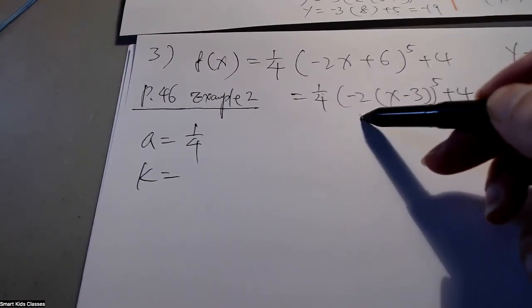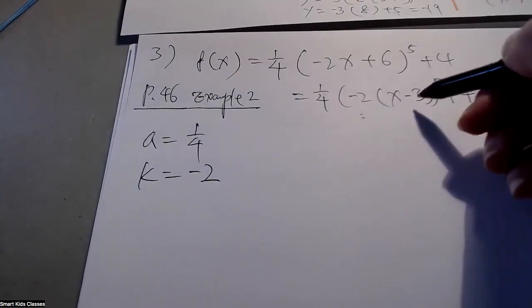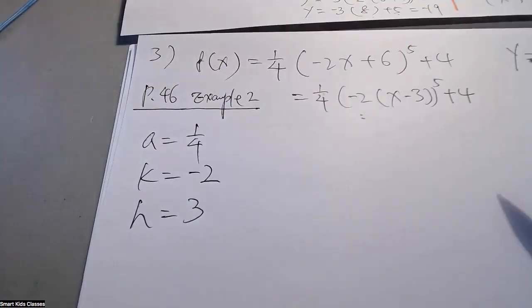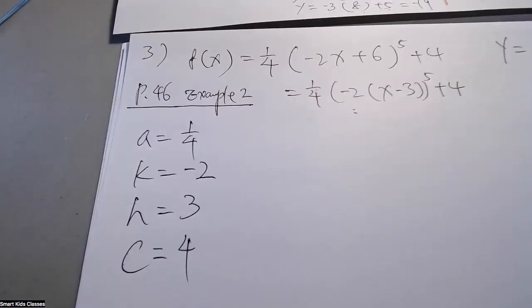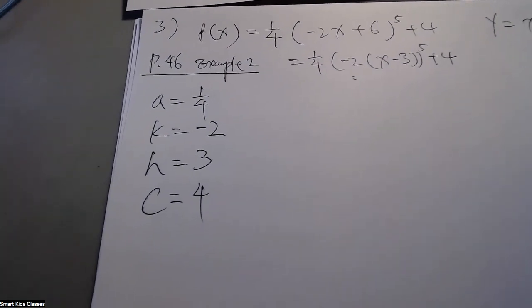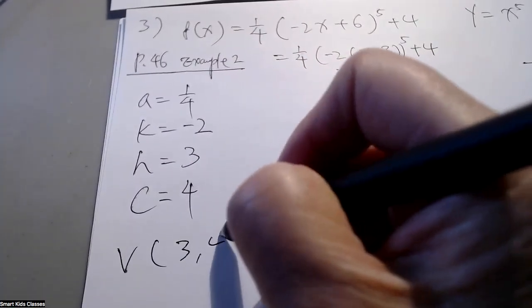Therefore, K is equal to negative 2. H equals 3. C equals 4. So now we have the vertex point: (3, 4).